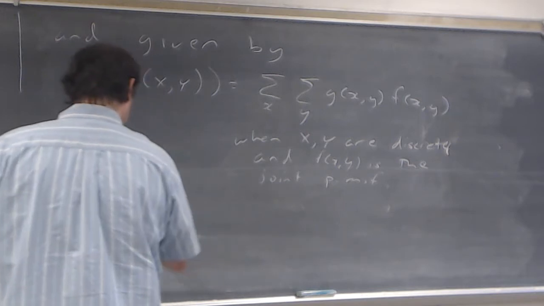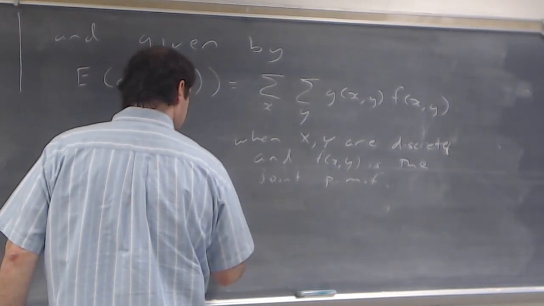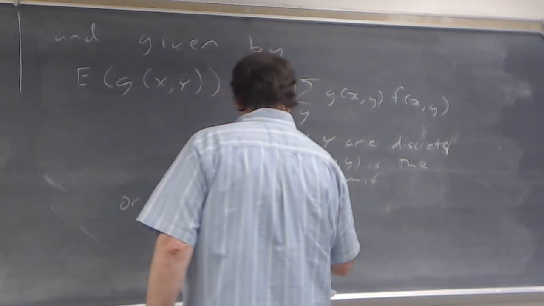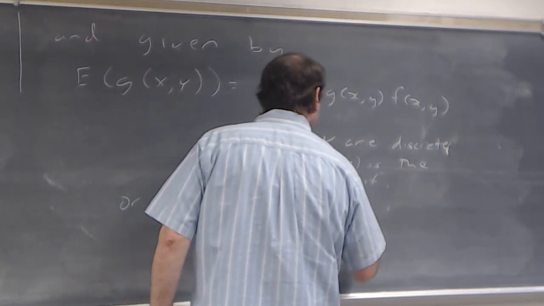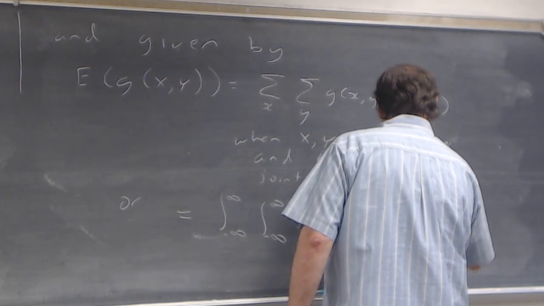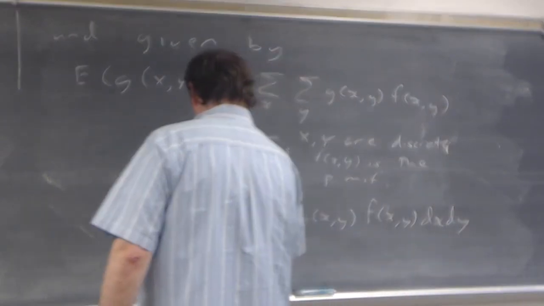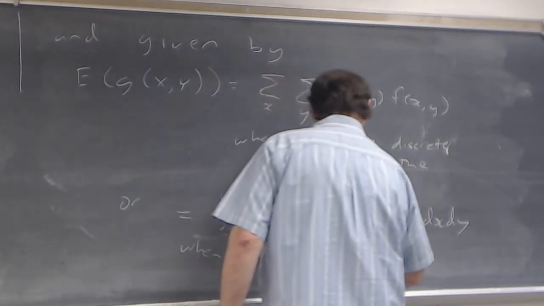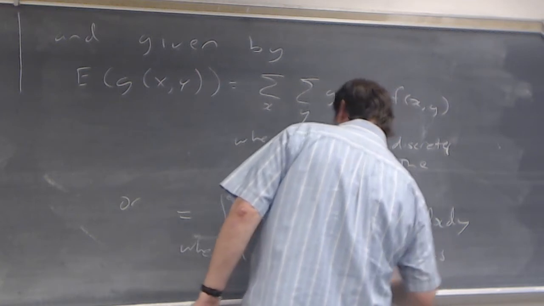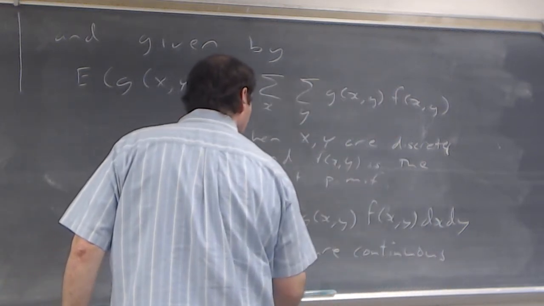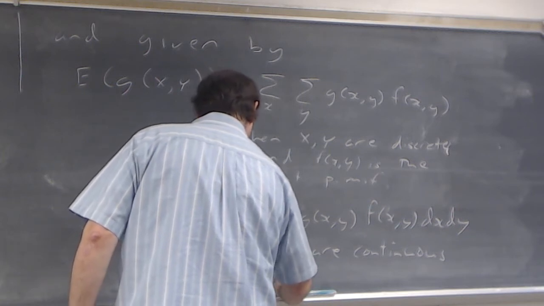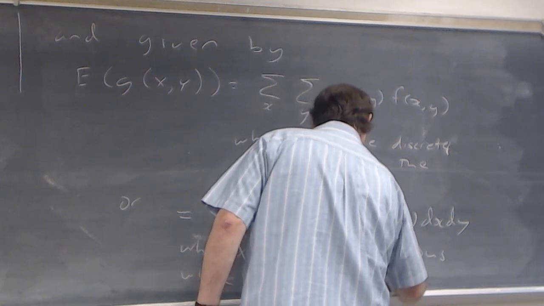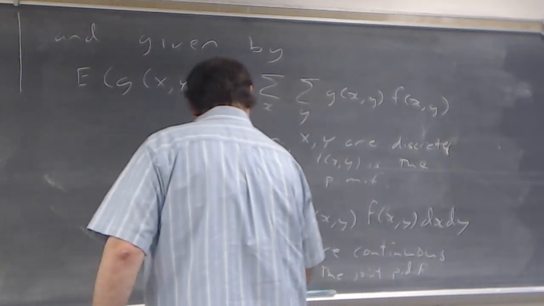And then it's equal to the integral from minus infinity to infinity, minus infinity to infinity, of g of x comma y, f of x comma y dx dy, when x and y are continuous, where f of x comma y is the joint PDF of x and y.